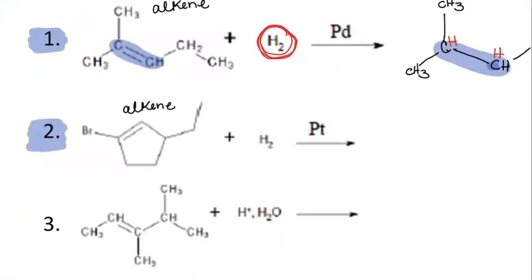As you can see here, I'm going to redraw my reactant, that alkene, except that I'm not going to include the carbon-carbon double bond. This is where the carbon-carbon double bond used to be.